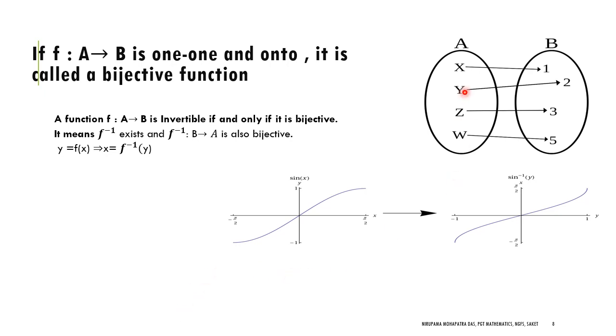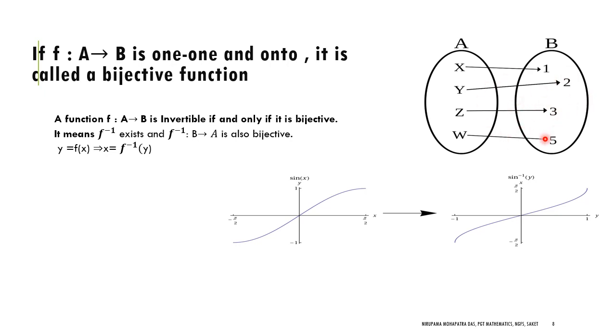Here you see in this figure, every x1, y2, z3, w5, there is a 1-1 correspondence between the elements of A and B.